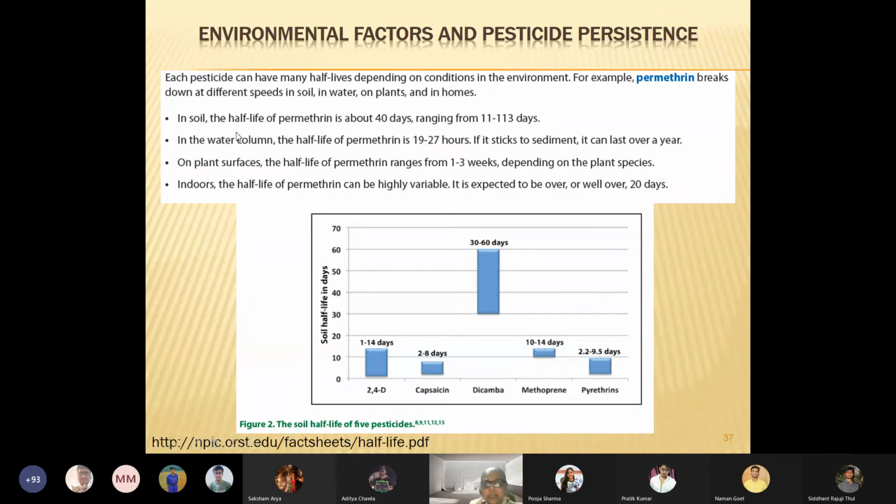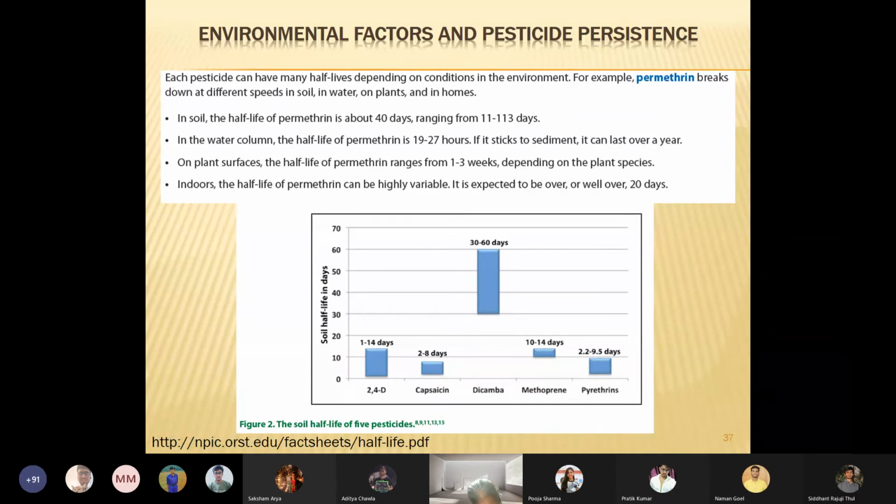So I've already shown you an example of DDT. These are examples. The first one is an example of permethrin, and in this chart below that, you have different insecticides, 2,4-D, capsaicin, dicamba. They're not common in India. The ones that are common in India are pyrethrins. Okay, so taking a look at permethrin, in soil, it has a half-life of 40 days.